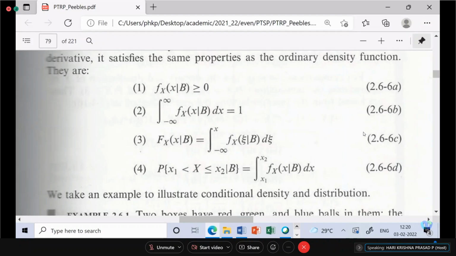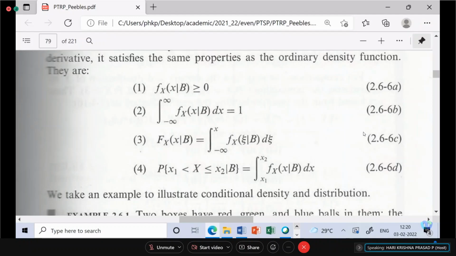But the distribution function can remain at its previous value continuously. That means the derivative of a constant is 0. Second property says the area under the density function over all possible values of the variable x, from the least possible value to the maximum possible value, is equal to 1.